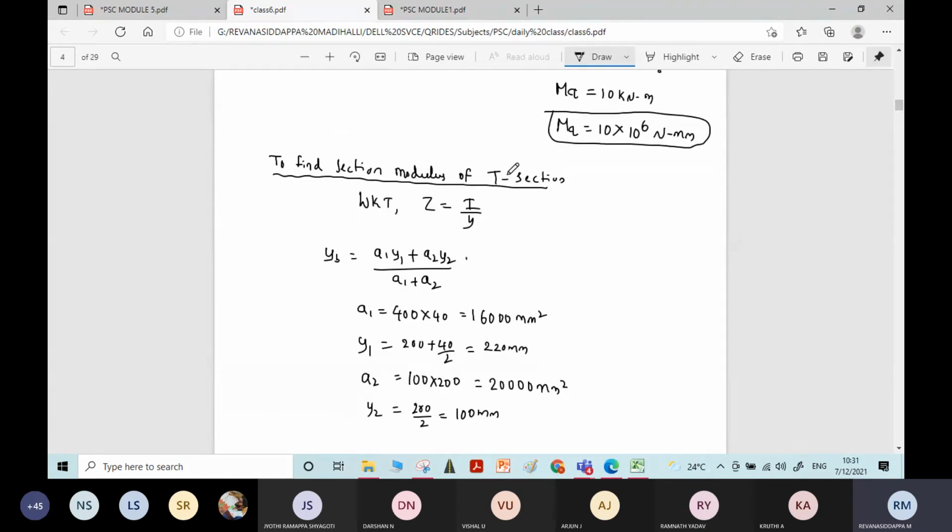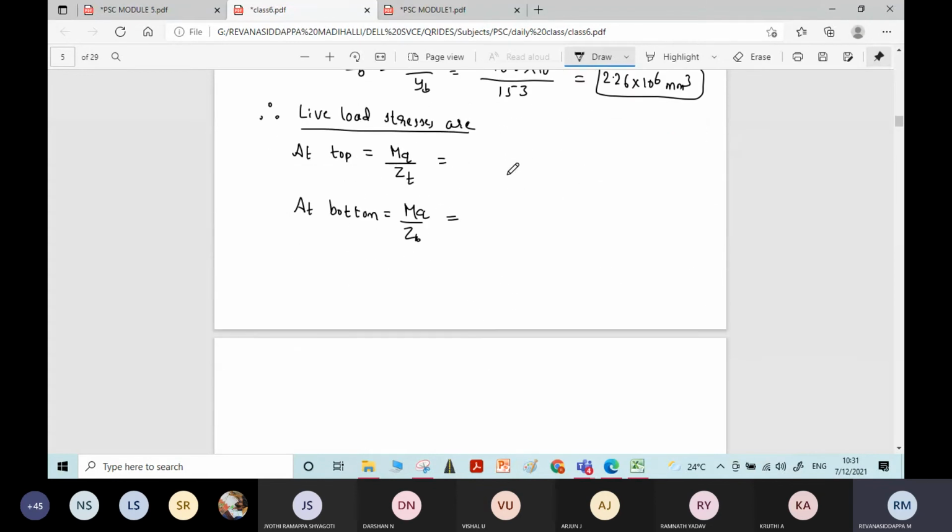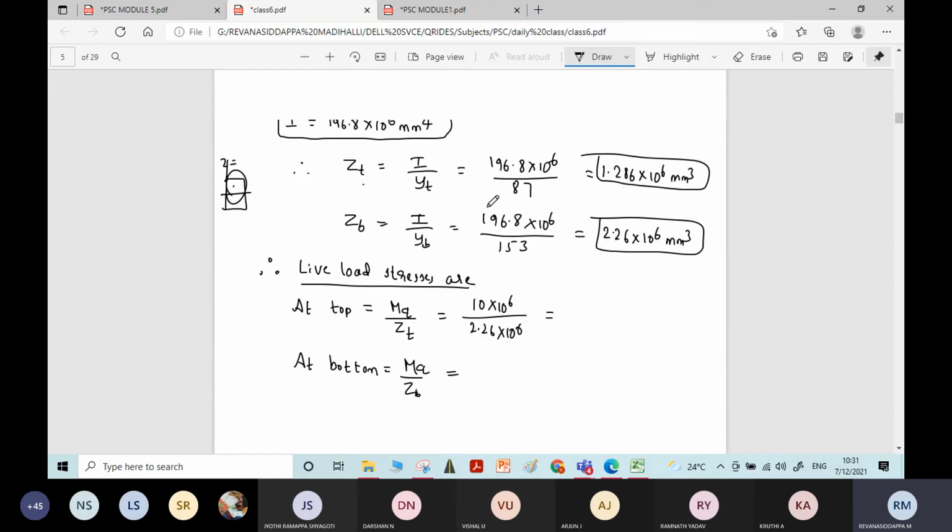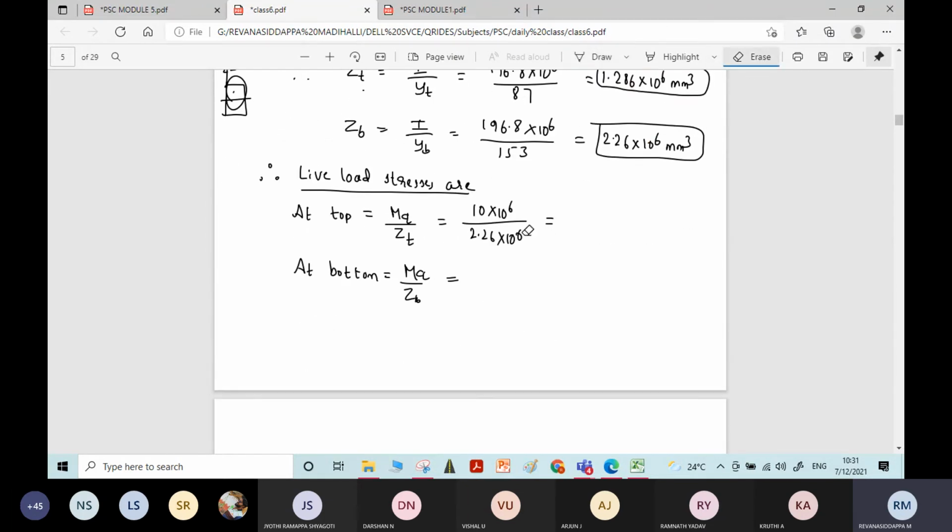MQ we have already determined: 10 into 10 power 6, whole divided by ZT, 1.286.